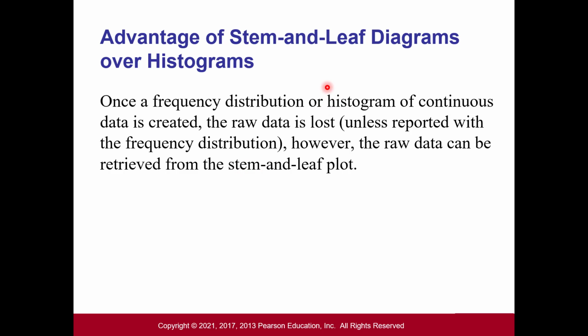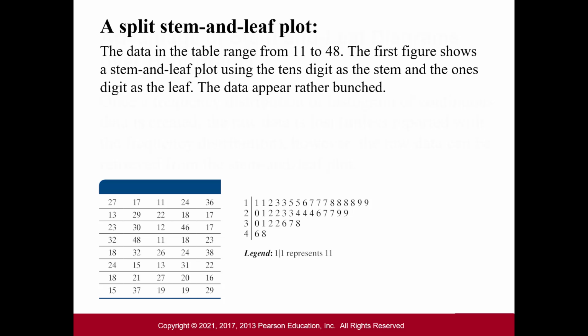If you recall, with histograms of continuous data, we had intervals for our classes, and we just would say the frequency, or how many of each class was observed. Now a split stem and leaf plot. The data in the table range from 11 to 48.